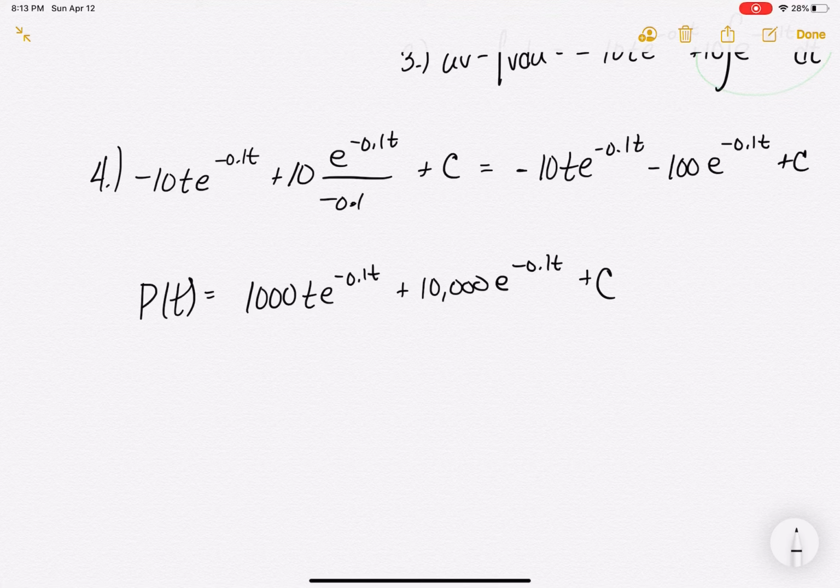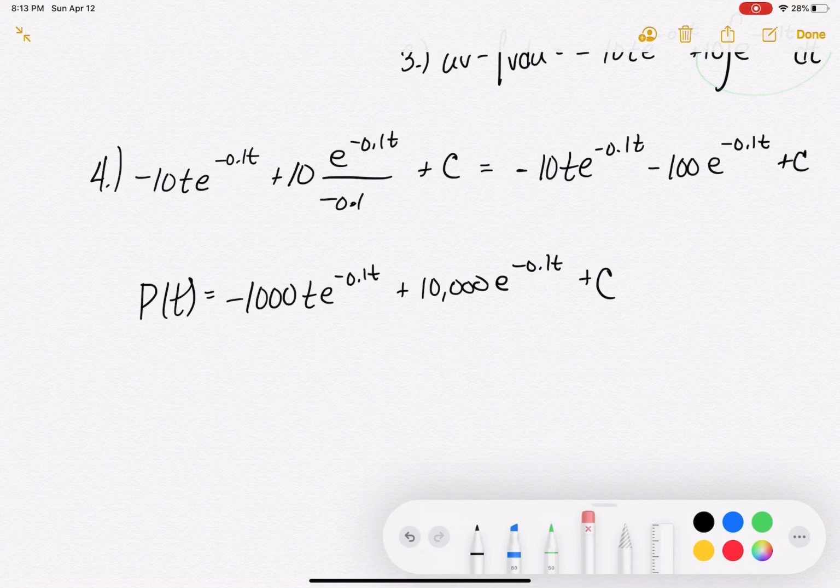We're going to have to determine what c is later. Yes, these are negative. That's right. So we have to determine what c is.